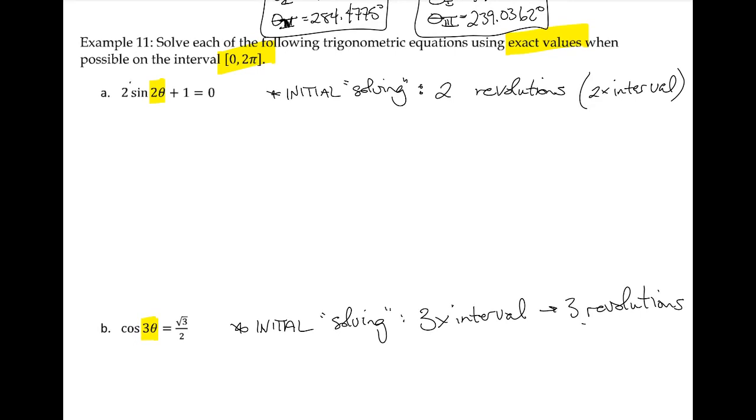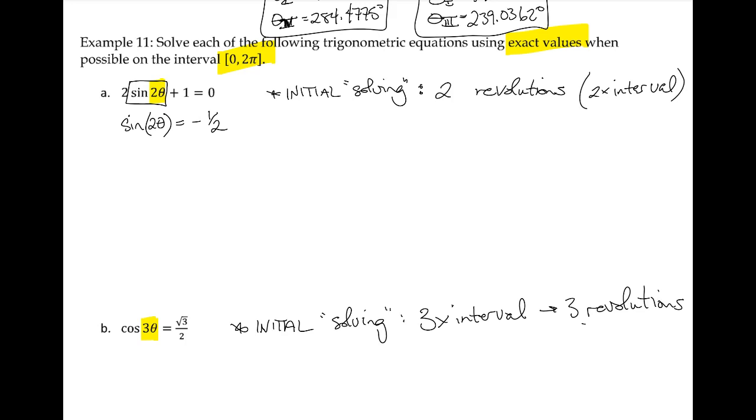So I'm still going to treat this whole function together and try and isolate it. So I'm going to move my 1 by subtracting, I'm going to move my 2 by dividing, so I'm left with the sine of, and I find I like to write it with brackets just to help me remember that that 2 is attached to my angle. It's part of my angle value. Equals 1/2.